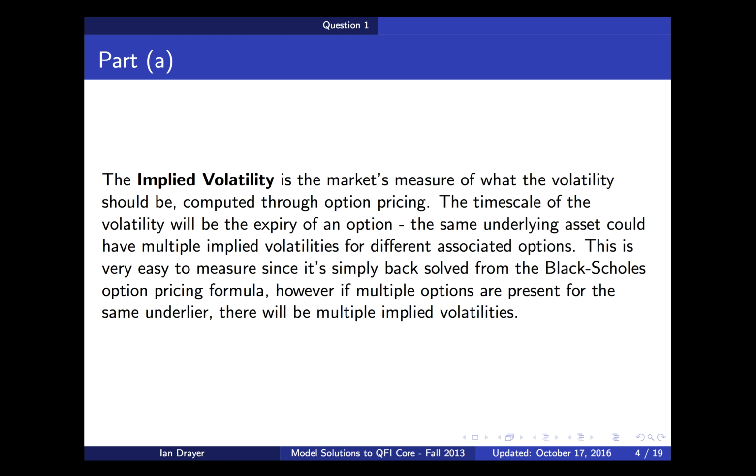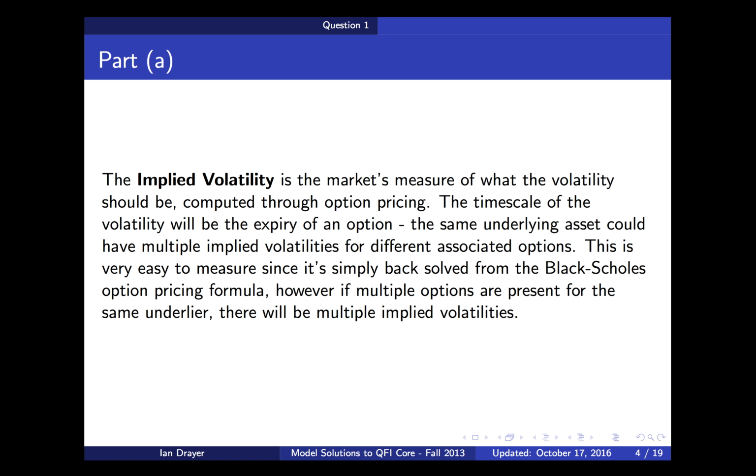The implied volatility is what the market measures the volatility at. So essentially, how much volatility the market thinks there will be when computing some sort of option price. The timescale for this volatility varies based upon the expiry of the option.